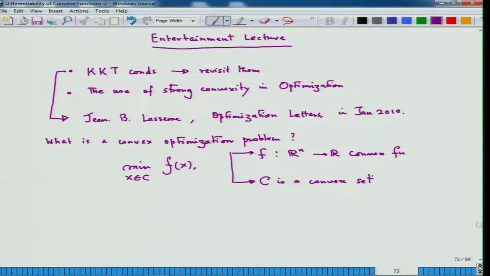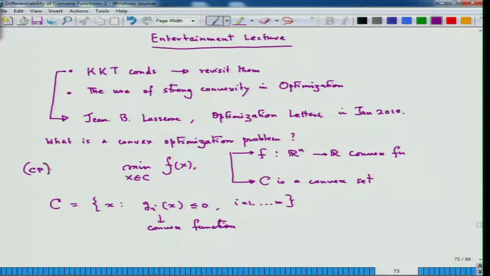Now, in general we have always assumed in this course that this set C in most cases is described by the set of all x's for which g_i(x) is less than or equal to 0 for every i from 1 to m, and each of these g_i's are convex functions. If C is described in such a way, then this convex optimization problem is usually called a convex programming problem.